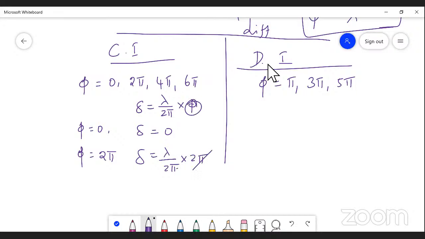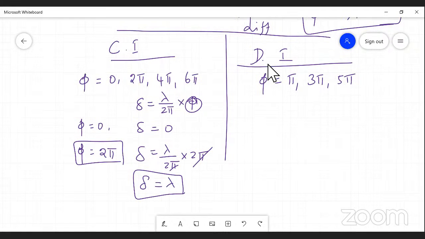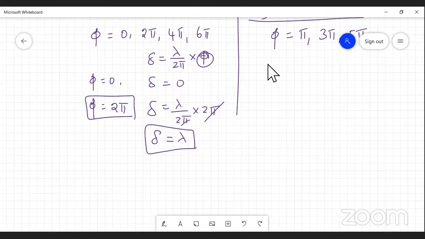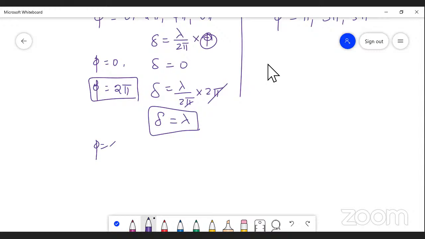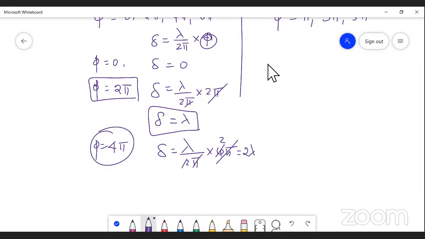The 2 pi cancel, so delta is equal to lambda. If the path difference is lambda, the phase difference is 2 pi. If phi is equal to 4 pi, delta is equal to lambda divided by 2 pi into 4 pi, which is 2 lambda. So a path difference of 2 lambda means a phase difference of 4 pi.